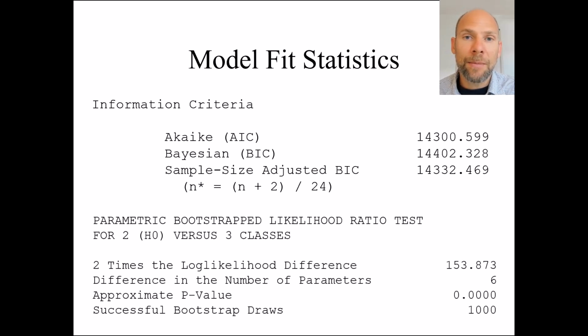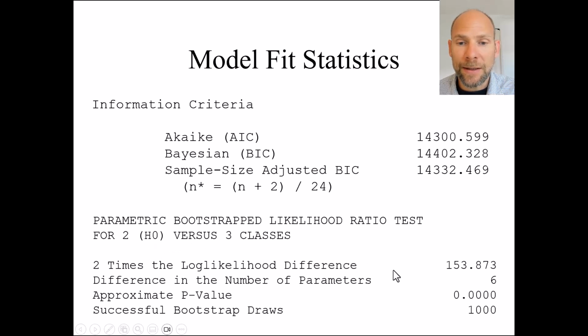Another approach is to look at a likelihood ratio difference test, and more specifically a bootstrapped likelihood ratio difference test with a parametric bootstrap procedure that determines the p-value appropriately for comparing different numbers of classes. In this example, 2 classes were compared against 3 classes. The 2-class model here is the model under the null hypothesis.